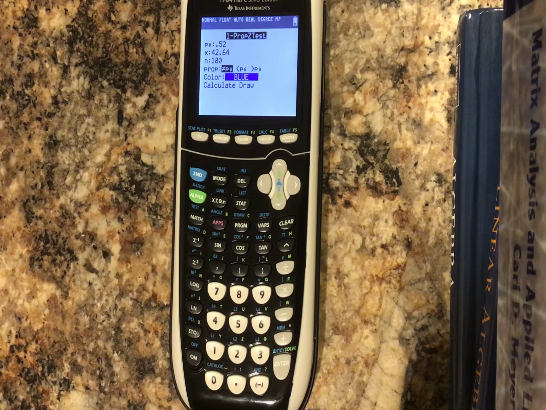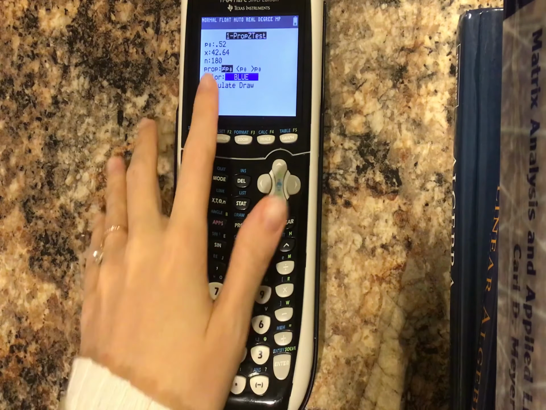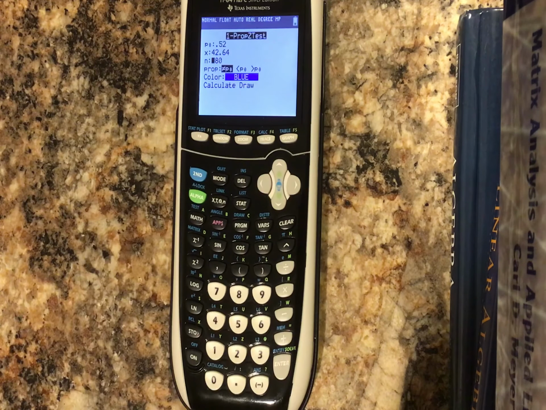I only ended up with 1 decimal x value in like the 8 problems through the homework. So it shouldn't happen very often, but you may very occasionally have to, if you need a test statistic and this comes out to a decimal, calculate it manually by doing the sample proportion minus the population proportion over that square root that we had before when we calculated that z-value.